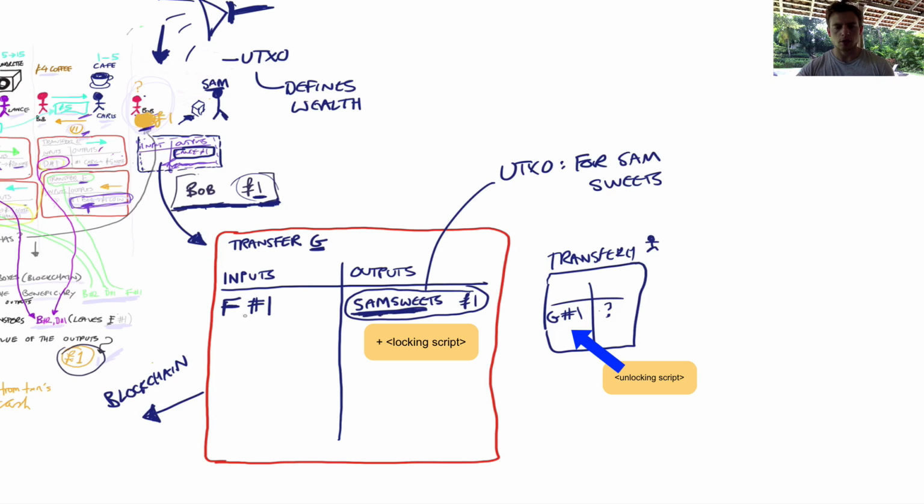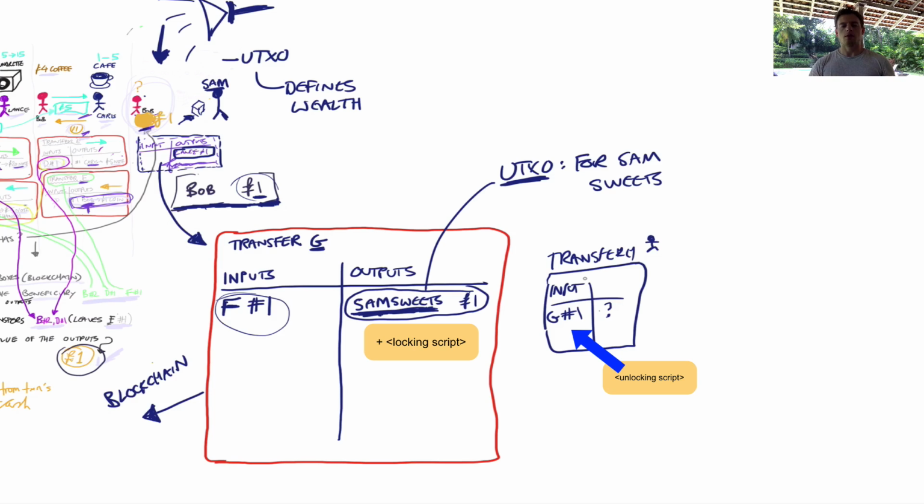So when you create a new transaction, you're referencing a previous transaction output that is locked to you, and that's what defines that as a UTXO that is locked to you. Then you create a new transaction and you lock the output of that transaction to someone else or some other criteria, which can then be unlocked in the input section of future transactions. And that is how the value is transferred from one person to another.